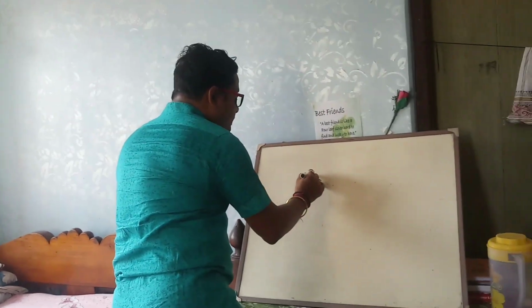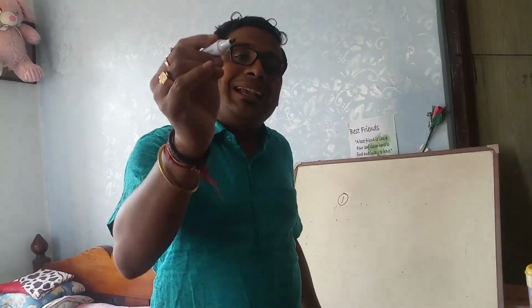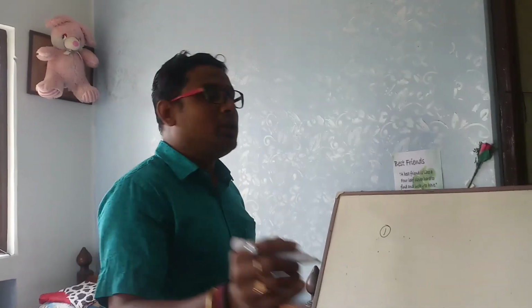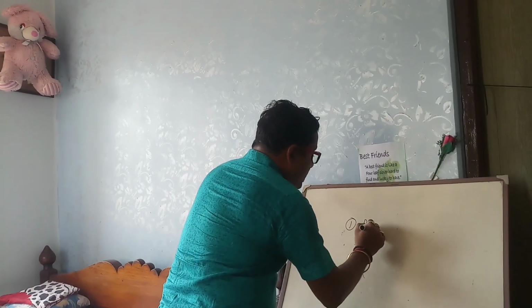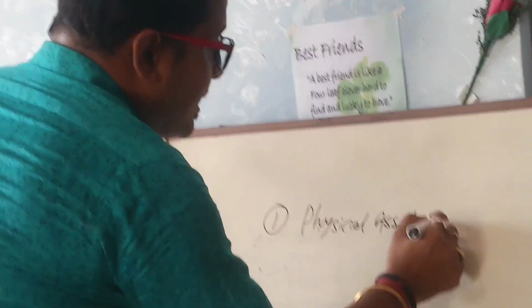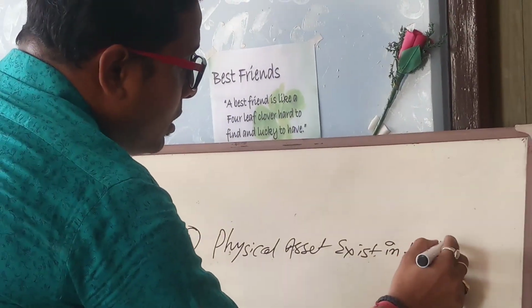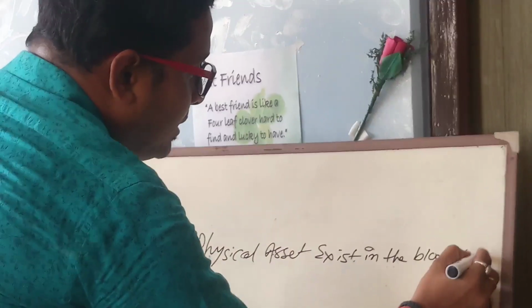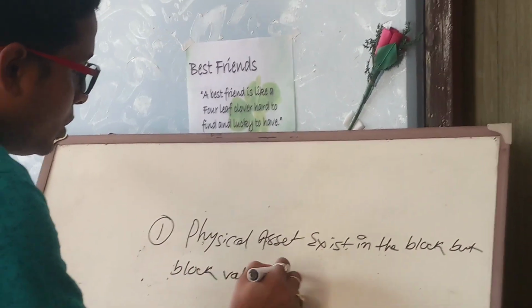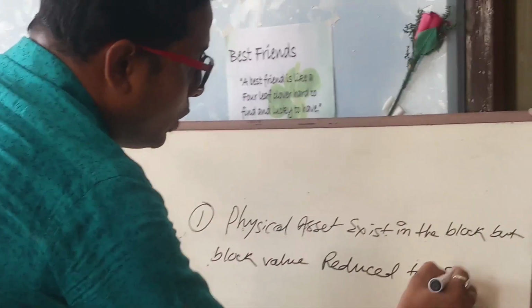Number one: physical asset exists in the block, but block value is reduced to 0.